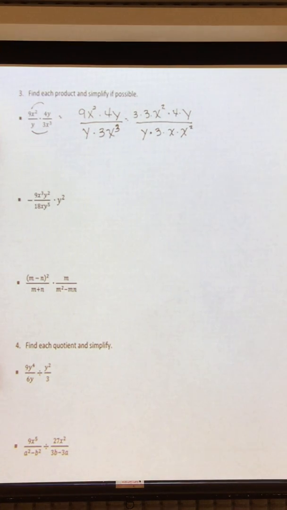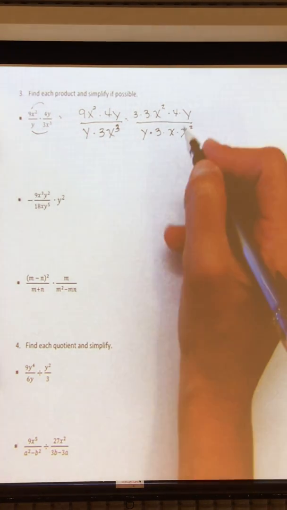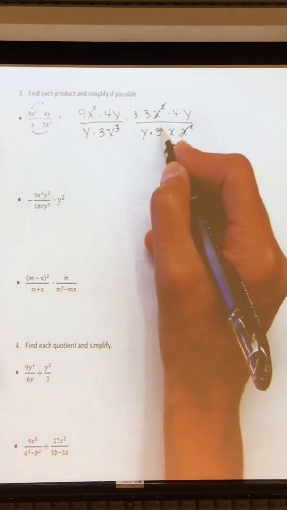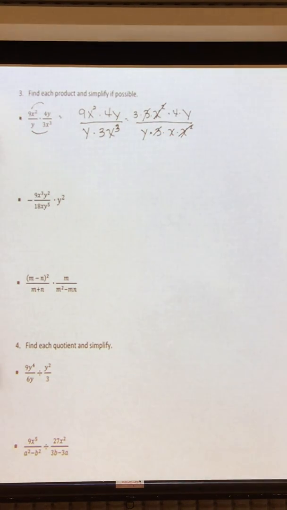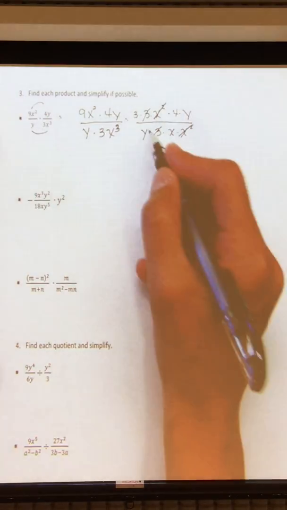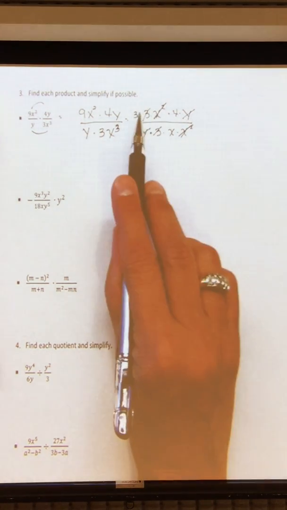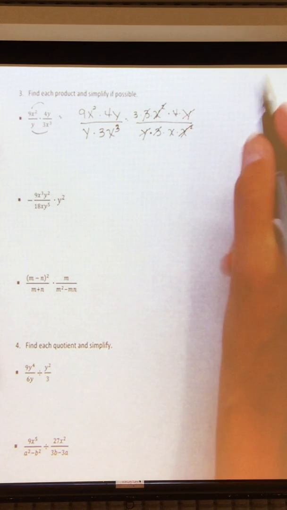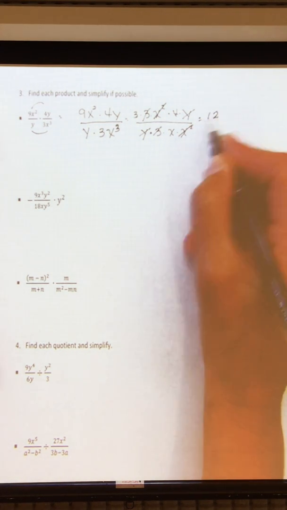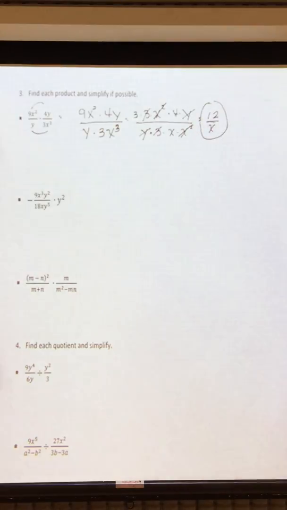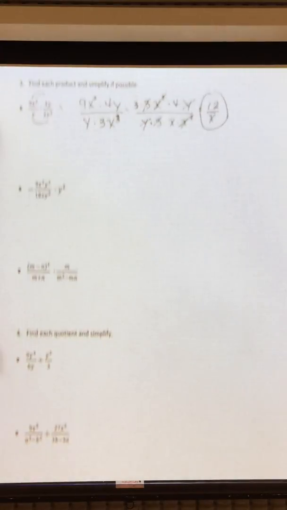Okay, so now you can cancel the x squareds. You can cancel one of the 3's. You can cancel the y, and you're left with 3 times 4, which is 12, and you're left with the x in the denominator, and that is your answer, 12 over x.